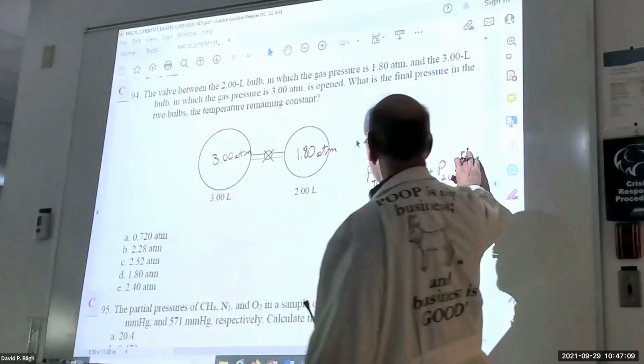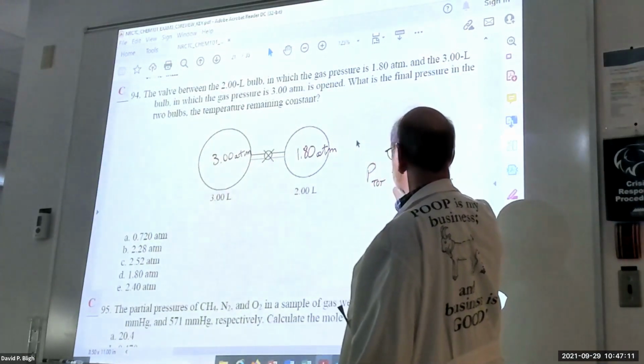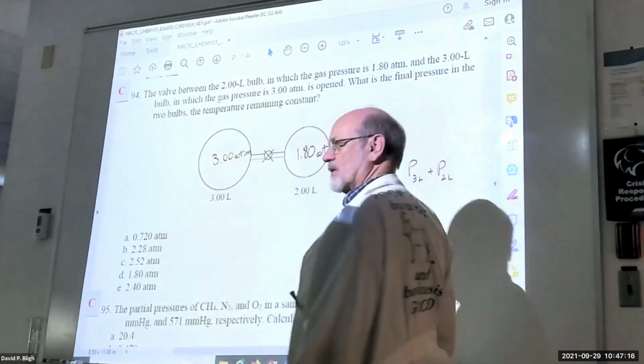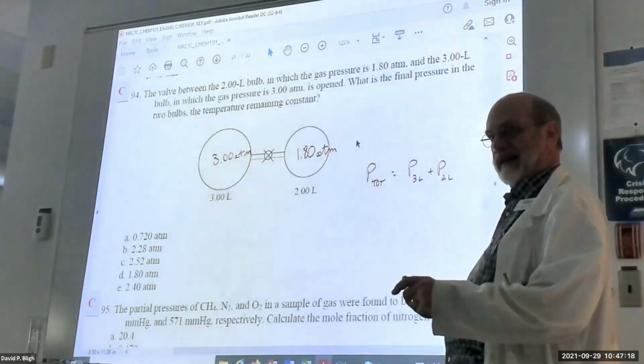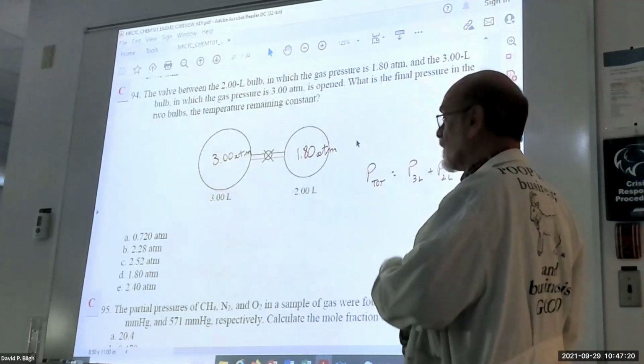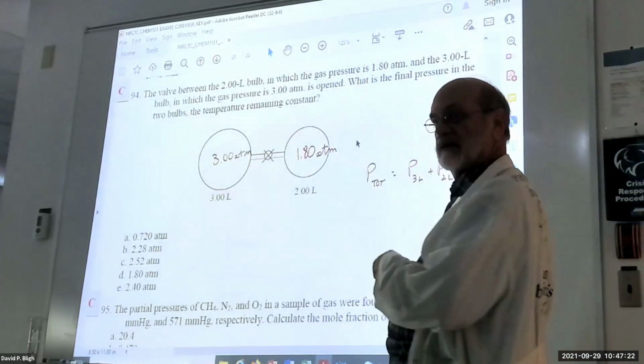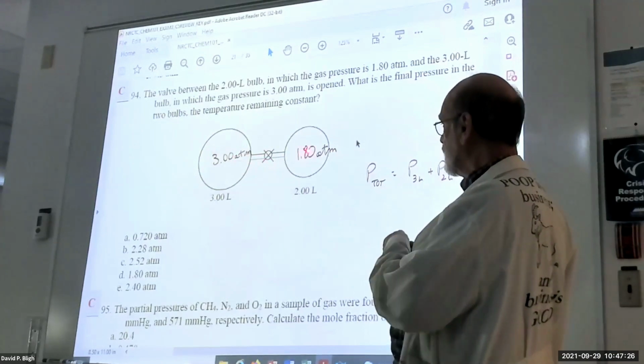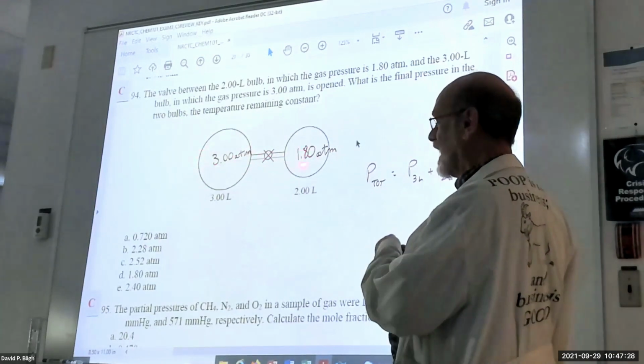Dalton's law says all we need to know is the partial pressure of this one and the partial pressure of that one and add them together. So if we treat them separately, let's say for argument's sake, that's a vacuum. We open this valve and that gas rushes into the vacuum until it's equalized.